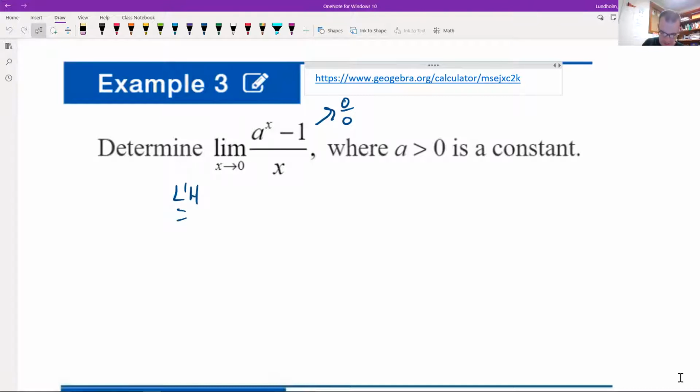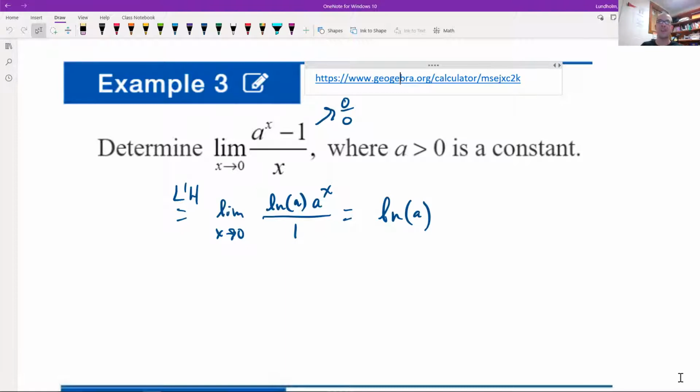L'Hopital's rule would tell us that the limit as x goes to 0 of the derivative of a to the x, which is ln of a times a to the x, over the derivative of x, which is just 1. That allows us to plug in 0 for x, and we just get ln of a, since a to the 0 is just going to be 1.